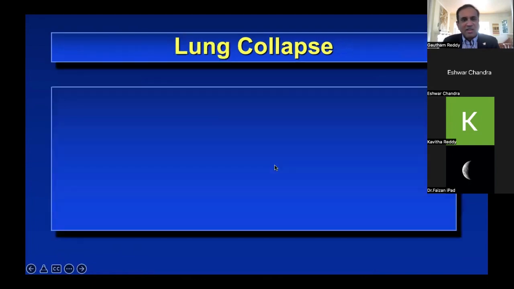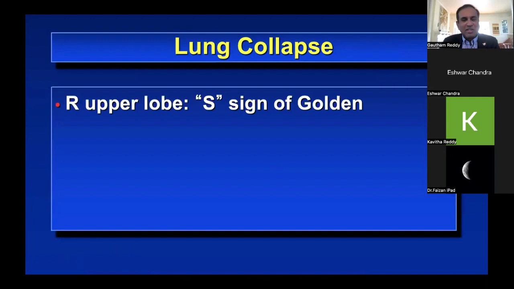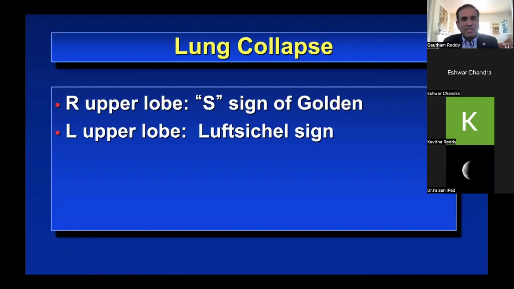So what are some causes of lung collapse? There are some issues to be concerned about. So right upper lobe is the S sign of Golden, as we just said. Left upper lobe collapse is often difficult to see on radiography, but we look for the Luft-Sickle sign on the PA or AP radiograph.